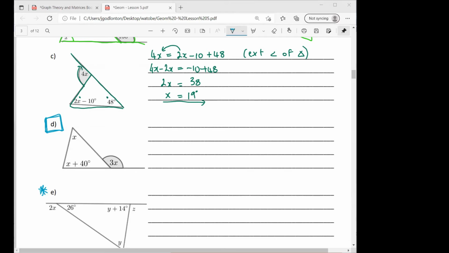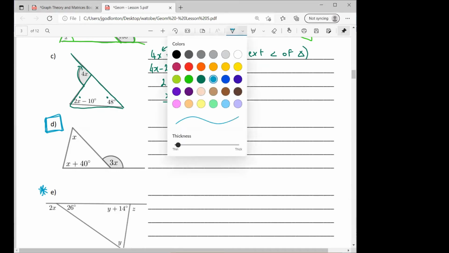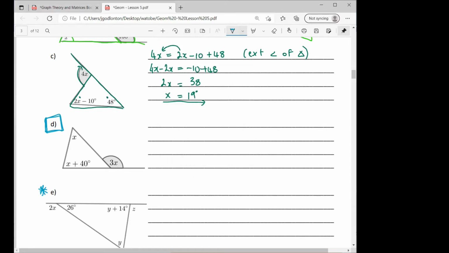And reasons. Well done. That's what I'm wanting to see. Okay, so those of you who are having answers coming through for D, I'm loving the answers that are coming in.